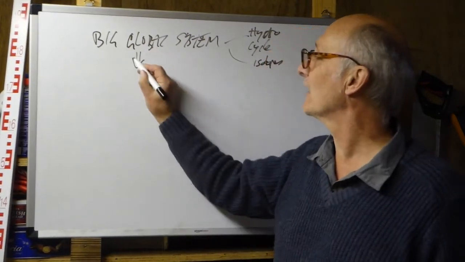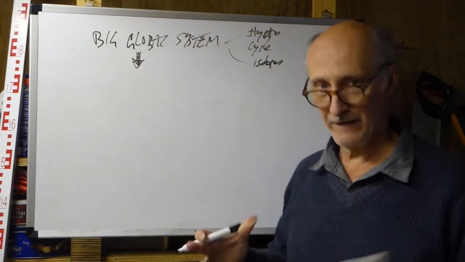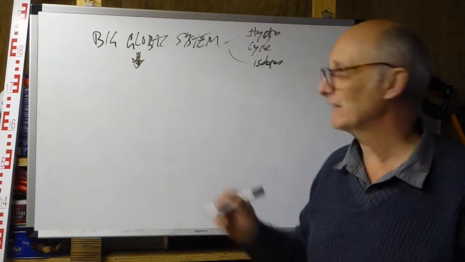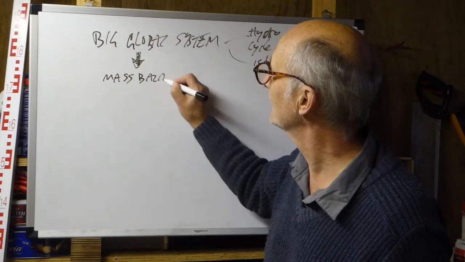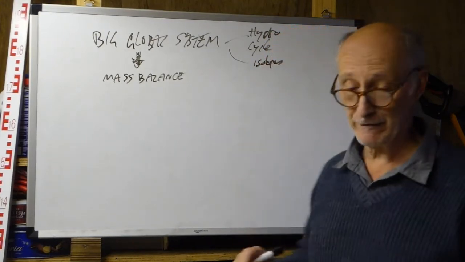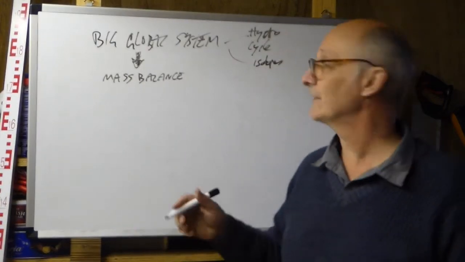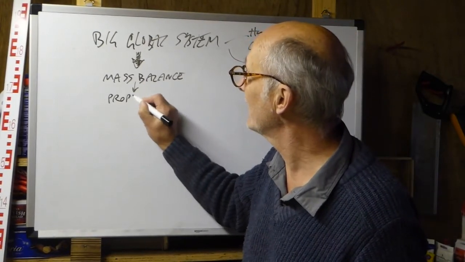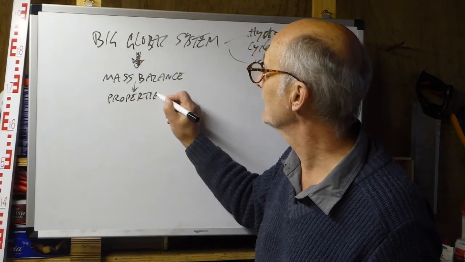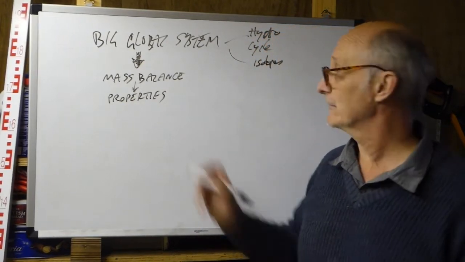And talking about the big global system led us through to thinking at a more glaciological scale about mass balance, the formation of glaciers, the transformation of snow into ice, and partly because of that we were talking about the properties of glacier ice.